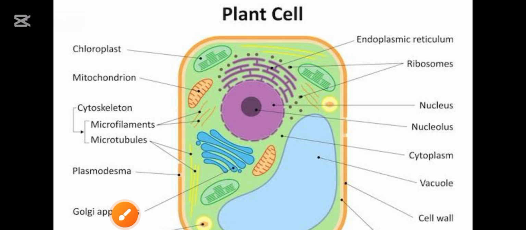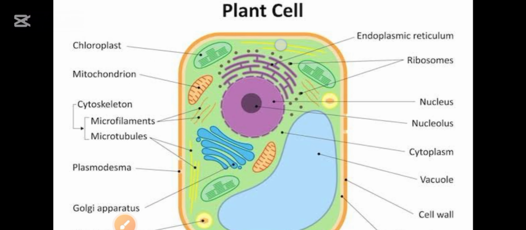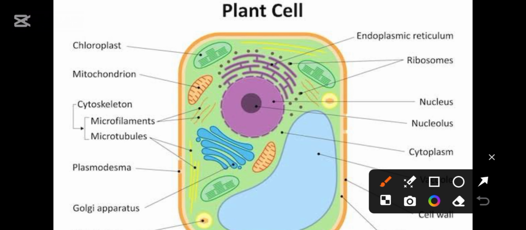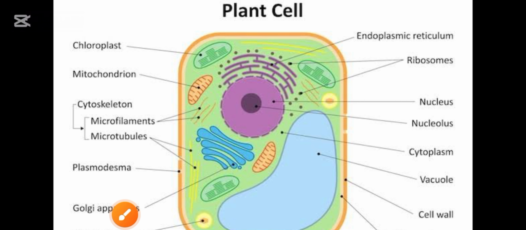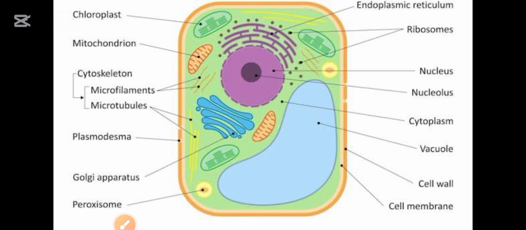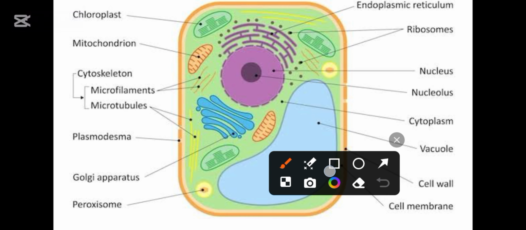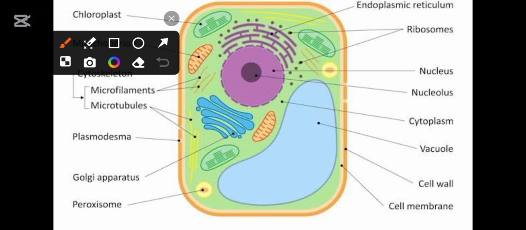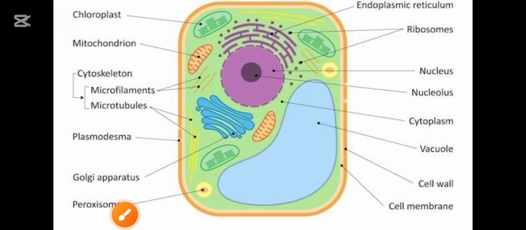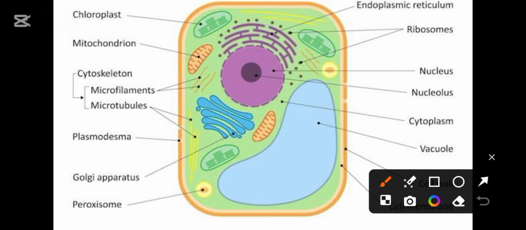So plants have a cell membrane and also have a cell wall. Before the cell wall, we have the cell membrane. Now, look at the cell membrane and look at the cell wall. The cell membrane is found inside the cell wall, as you can see from this diagram.